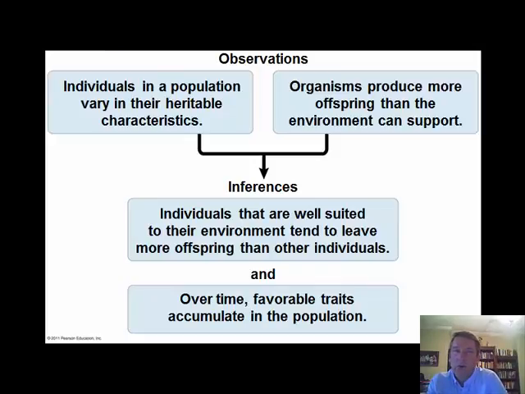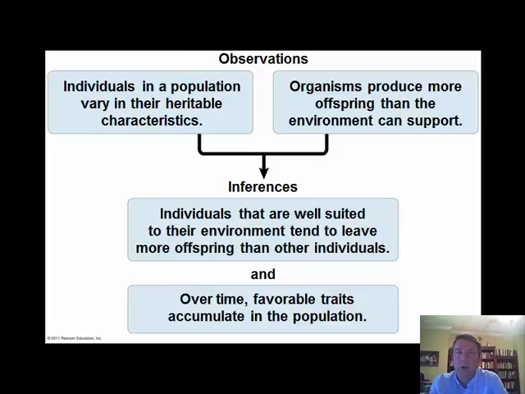Now, what he observed and the way he describes it is that in these populations of organisms, you have individuals that vary in characteristics. So you have a population and it has lots of different individuals that vary with their characteristics.